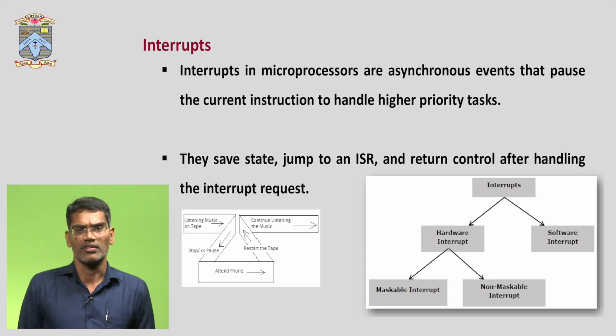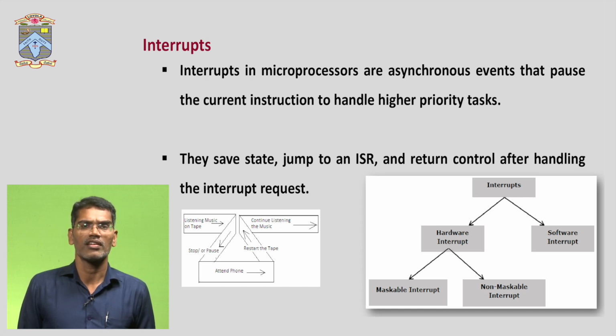Interrupts. The microprocessor always communicates with many peripheral devices. Whenever any peripheral device wants a service from the microprocessor, the microprocessor must attend to that interrupt. So the peripheral device generates an interrupt and that interrupt request is received by the microprocessor.